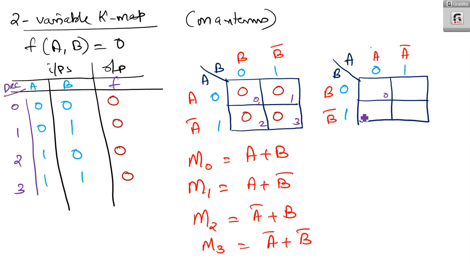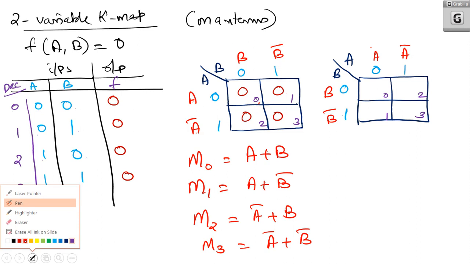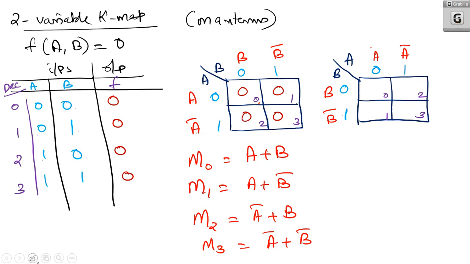A is 1 and B is 0, the value is 2. Last one is A is 1 and B is 1, the value is 3. And for all these terms, you are having the output as 0 only.